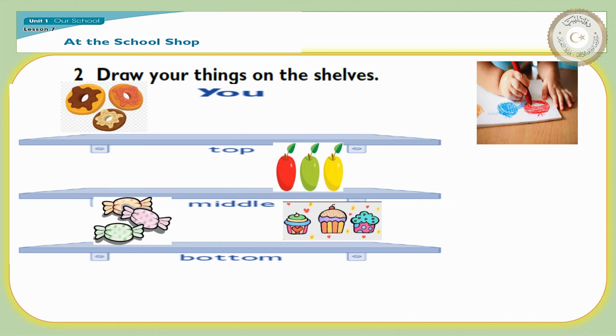So can I ask you a question now? Where are my cookies? On the top. Excellent. Where are the apples? In the middle. Where are the sweets? On the bottom. And where are the cakes? On the bottom. Excellent.